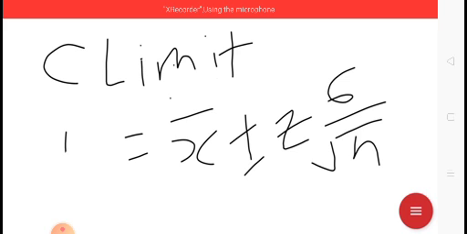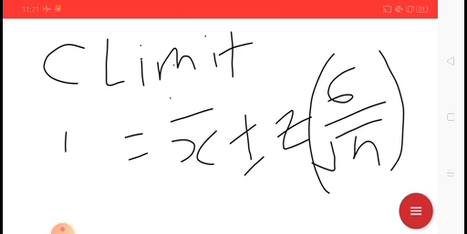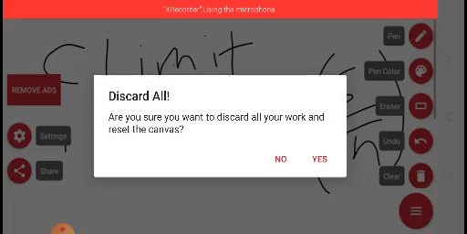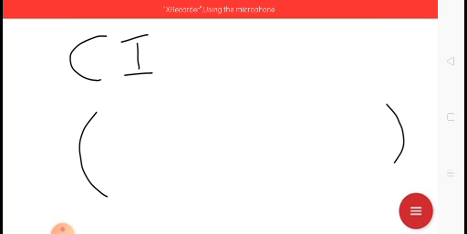So for the latter part, you may also use the square root of sigma squared over n. The z depends on how many percent of the confidence interval. So this is a confidence limit. If you expand this confidence limit, you will have a confidence interval in the bracket.